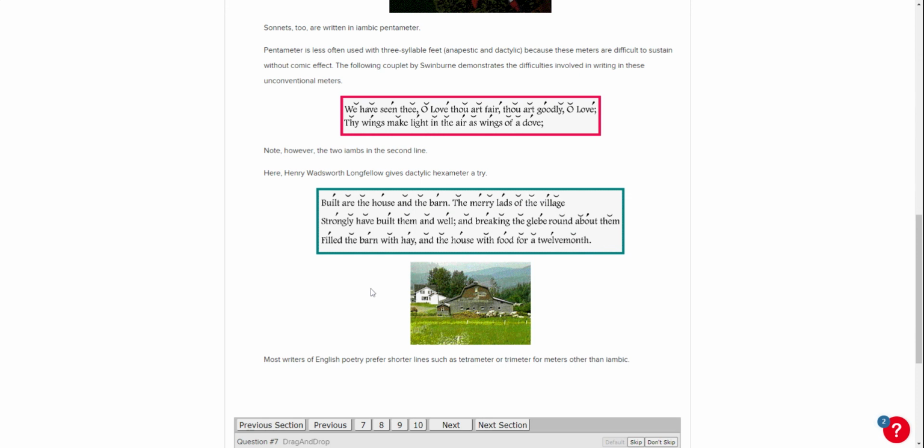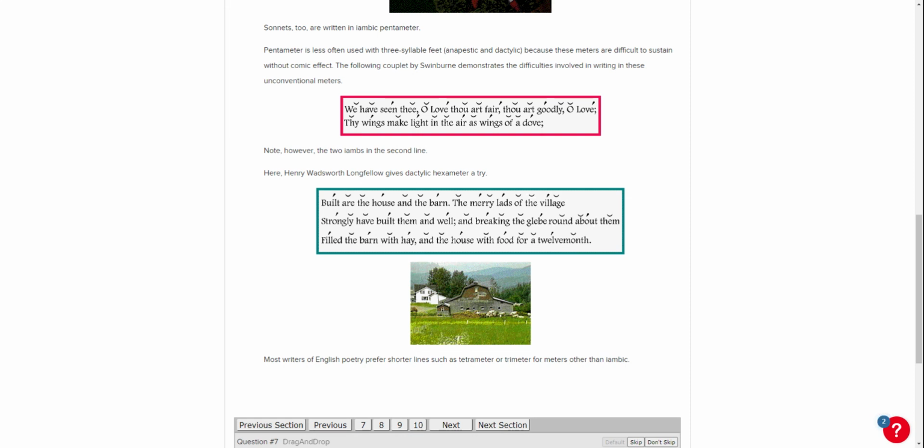But what you'll often find, especially in these examples like 7, 8, 9, 10, is that poets have a hard time keeping with that pattern. And so they'll add an extra syllable in there, or they'll take one away, or they'll flip things around. So you'll find that in a lot of these examples, it's not consistent throughout the entire thing.